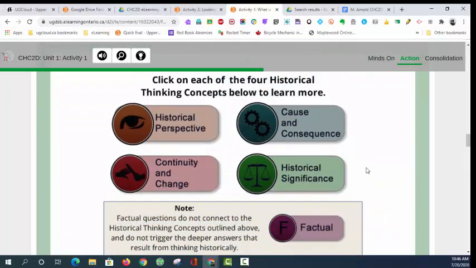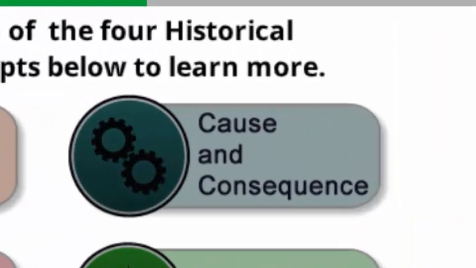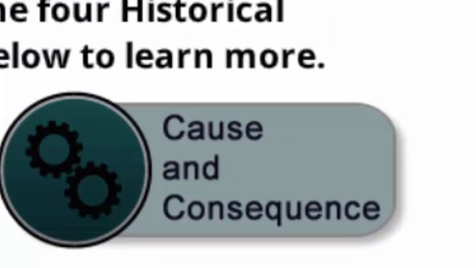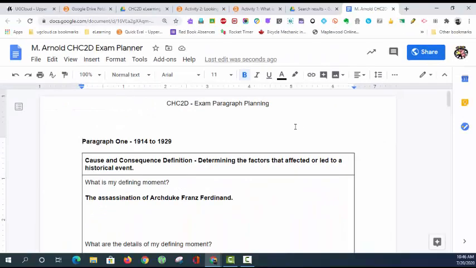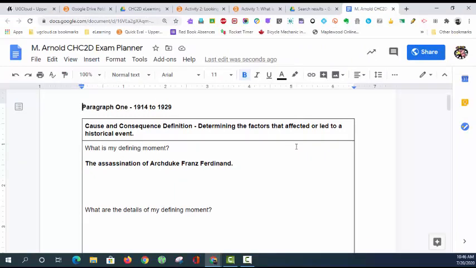So this is the Think Like a Historian interactive. The first historical thinking concept definition that you are looking for your exam planner is cause and consequence. So as you can see, I have entered the definition for cause and consequence at the top of the first row of my exam planner.